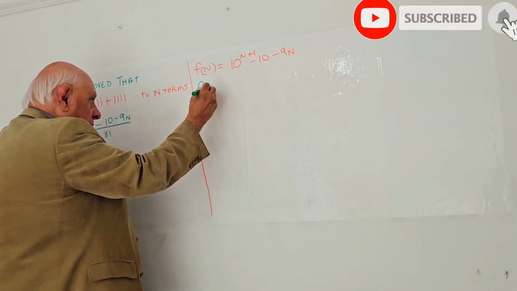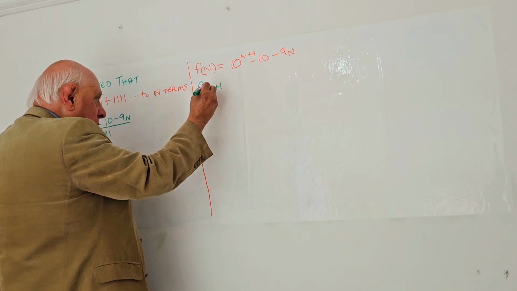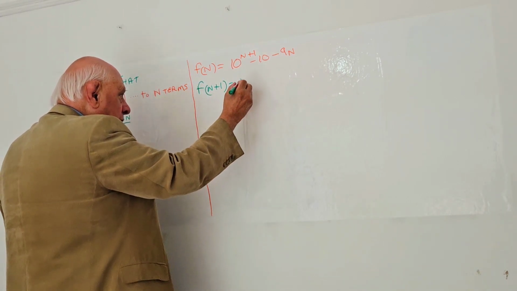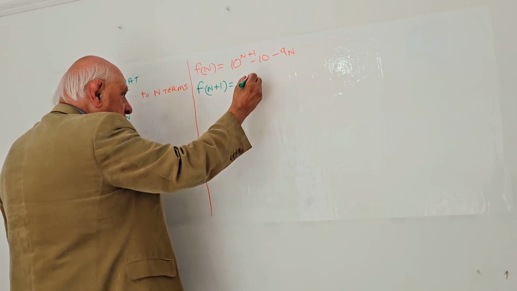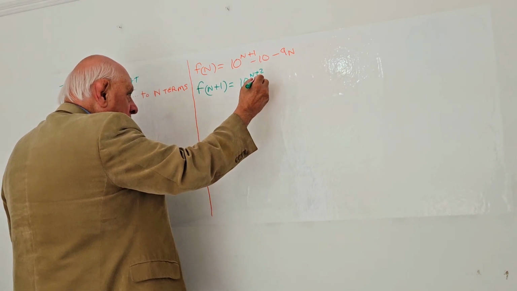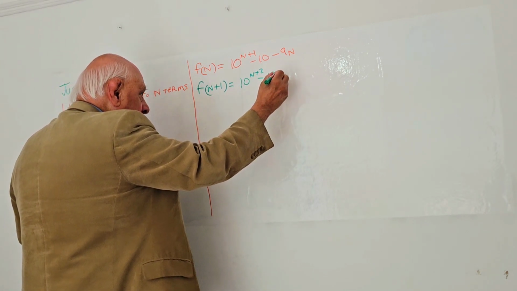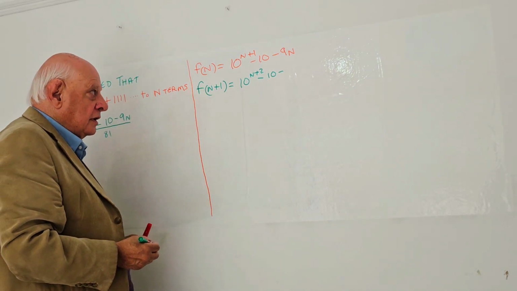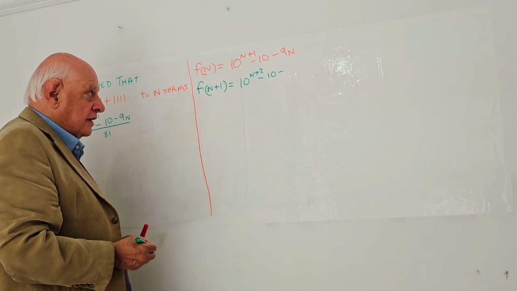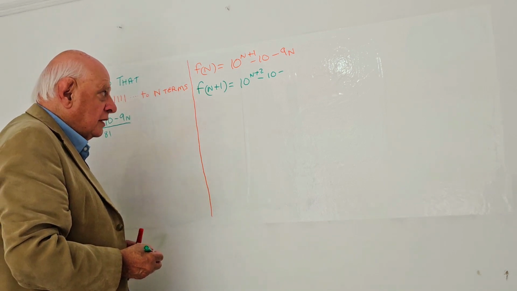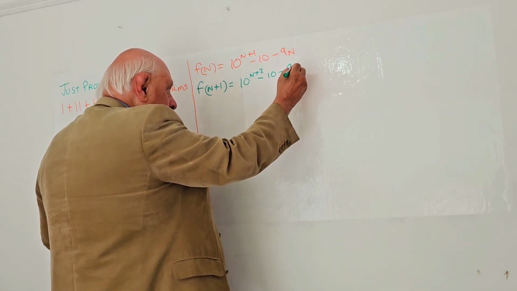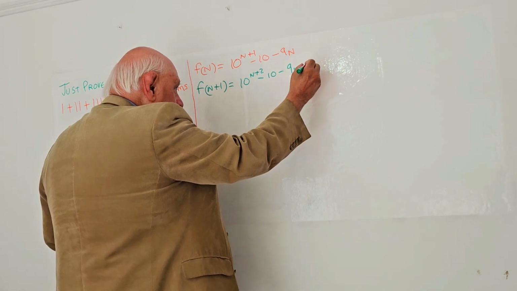F of n plus 1 will equal 10 to the n plus 1 plus 1, which is 10 to the n plus 2, minus 10 minus 9 times (n plus 1). So that will be 9n plus 9.